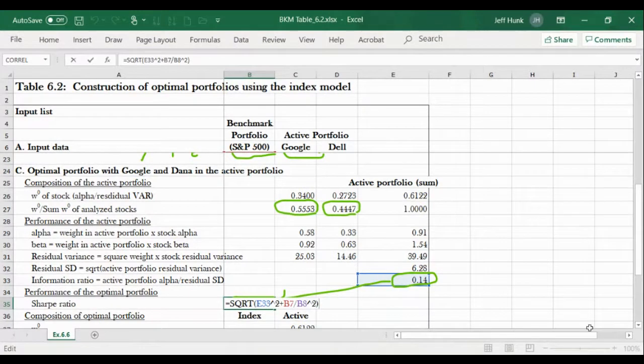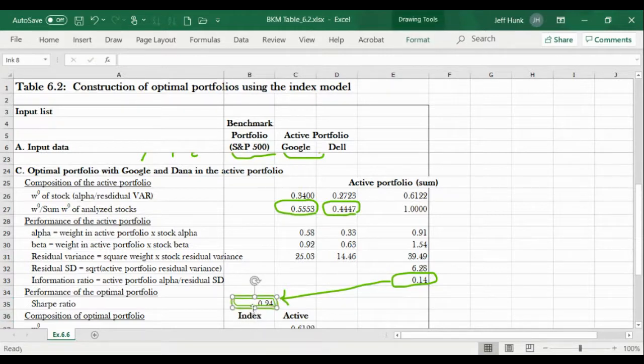The Sharpe ratio of our optimal risky portfolio is now 0.24. And I've been telling you, the Sharpe ratio of the optimal risky portfolio is the same thing as the Sharpe ratio. The improvement in the Sharpe ratio of the optimal risky portfolio comes mainly from the active portfolio.